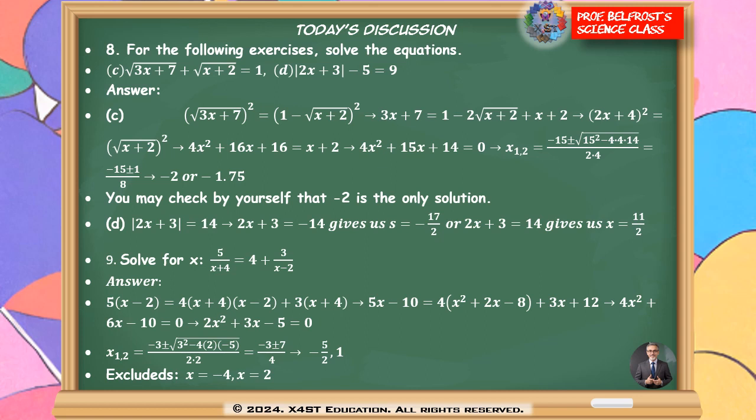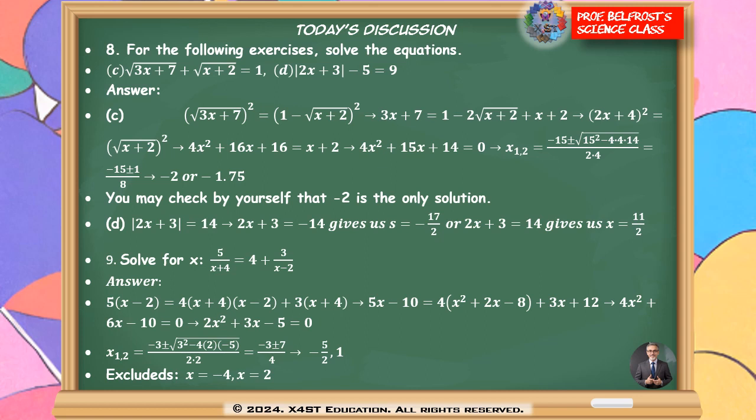Okay, number 9, solve for x. We're dealing with rational expressions. So for this, what we need to find first is the LCD. You see the denominators x plus 4 and x minus 2, and we need to multiply these two to have the LCD. So we multiply all the expressions by x plus 4 and x minus 2, and then we simplify them, and it becomes one quadratic equation.